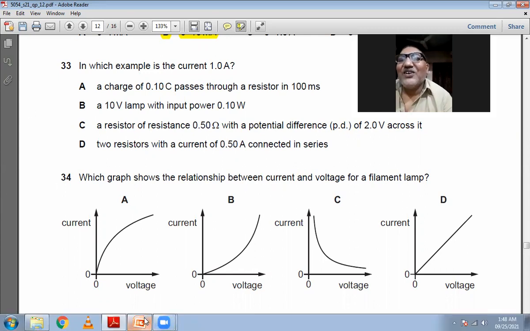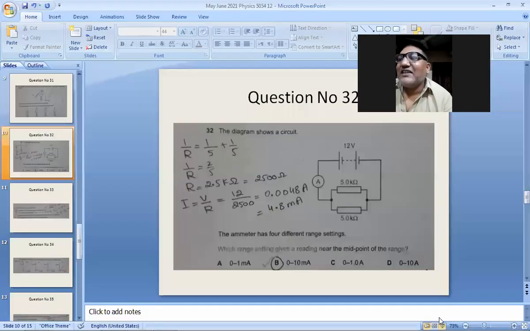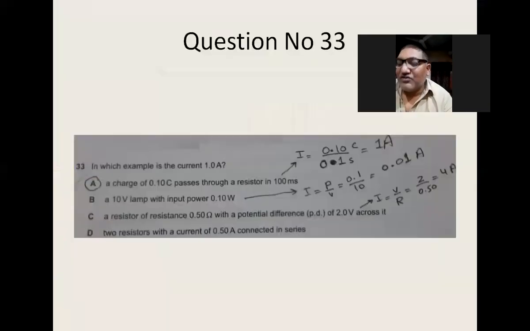Okay, so let's check my answers. I've done this on a paper, so let me show you my answer. Here we go. For the first option, the charge is given and the time is given. The charge is 0.10 coulomb. The time is 100 milliseconds, but we do not put the time in milliseconds here.